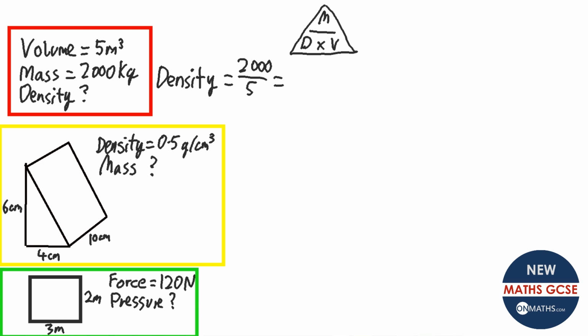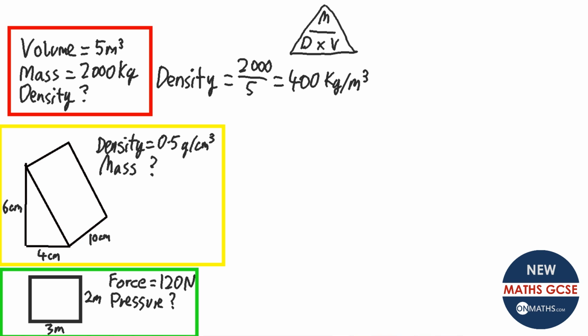Well, I know there are 4 5's in 20. So in 2000 there's going to be 400 5's. So 4 times 5 is 20, and that would make 2000. Good. So density is just the units of mass, which is kilograms, slash the units of the volume, which is meters cubed.